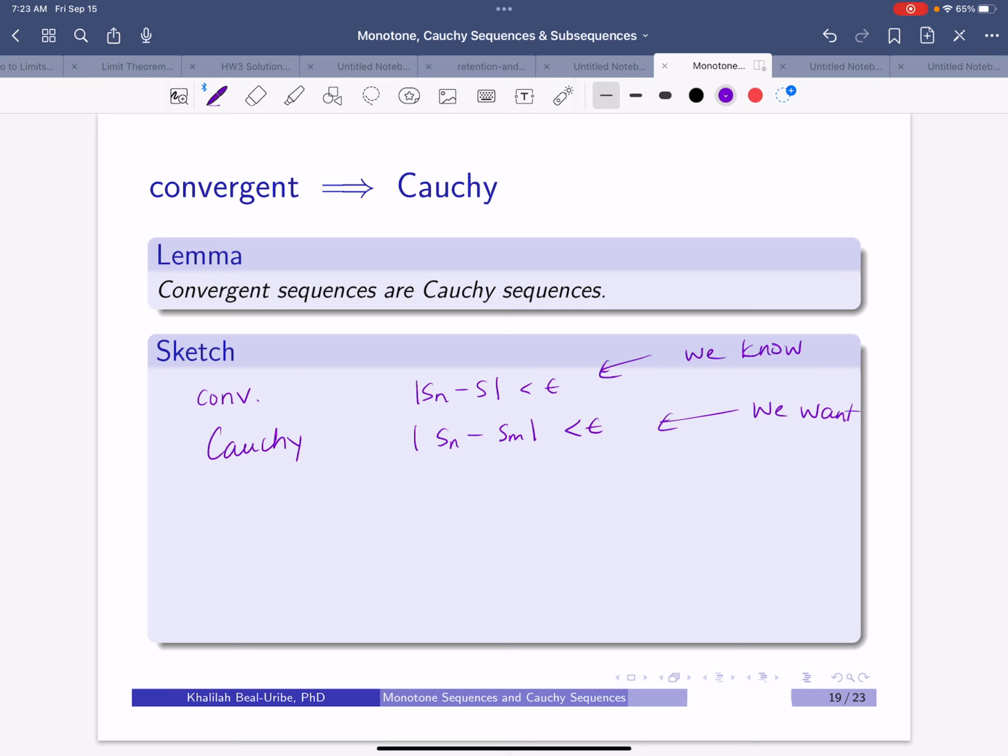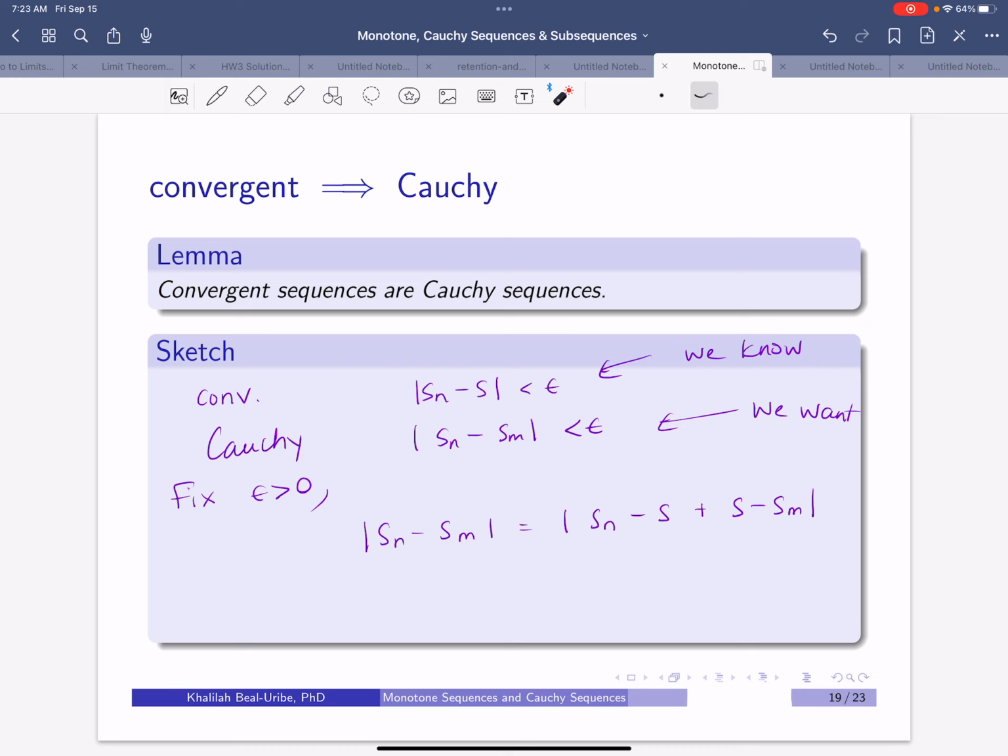So if you fix epsilon greater than 0, notice that the absolute value of Sn minus Sm is the same as the absolute value of Sn minus S plus S minus Sm.